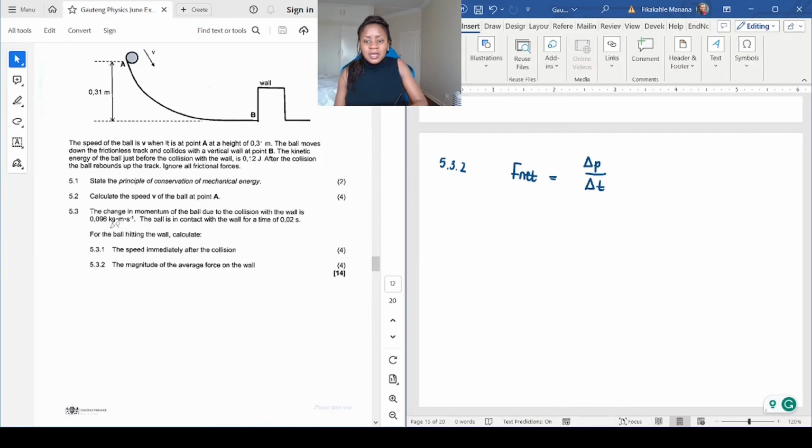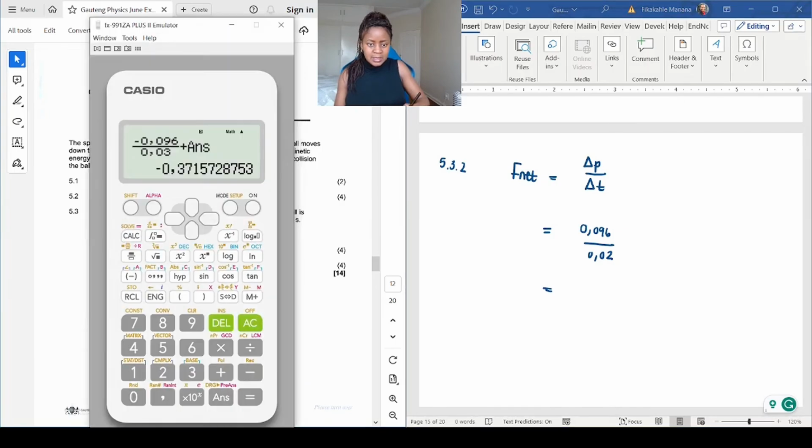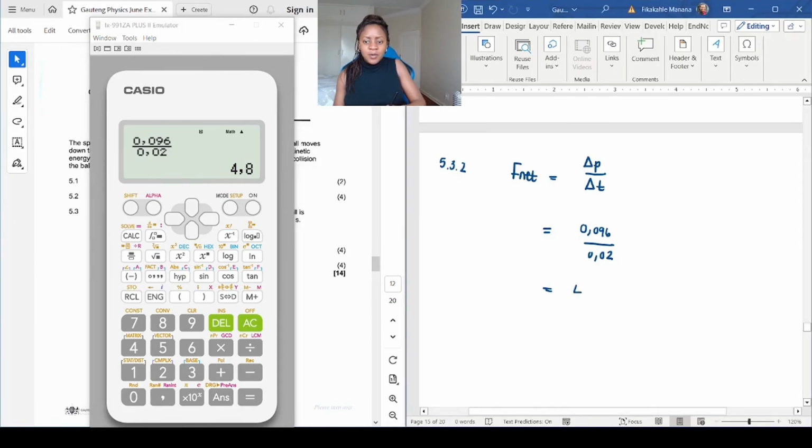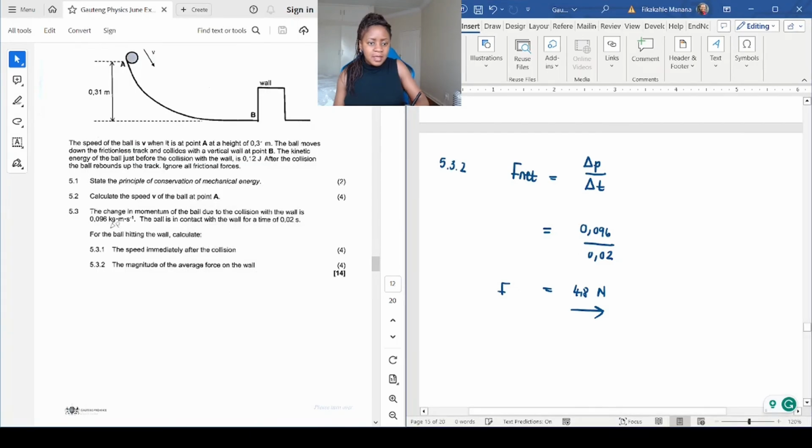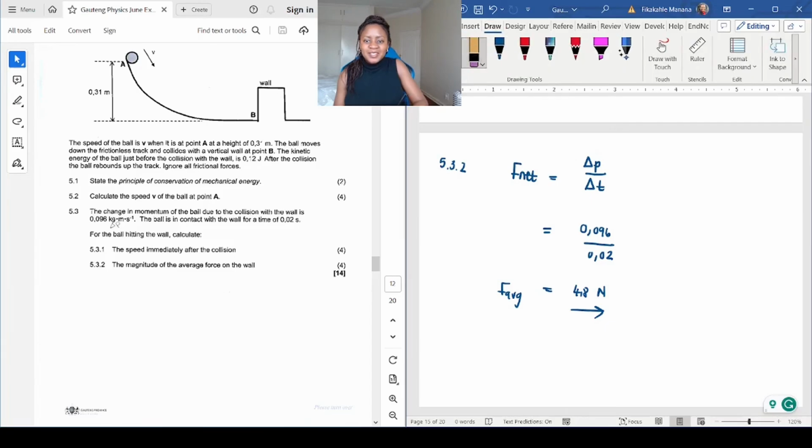We have our change in momentum, which is given as 0.096, and our change in time is 0.02 seconds. If we work that out, 0.096 divided by 0.02 gives us 4.8 Newton. Average force. Why did I write net force? Average, average, average.